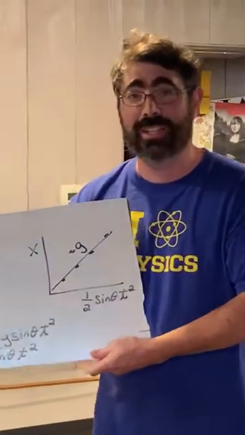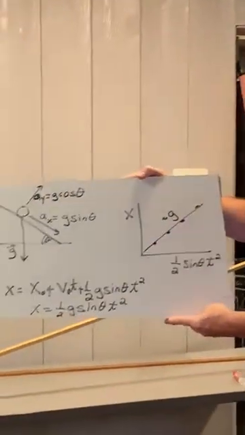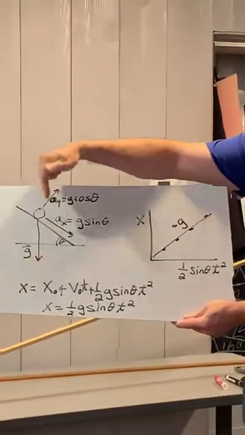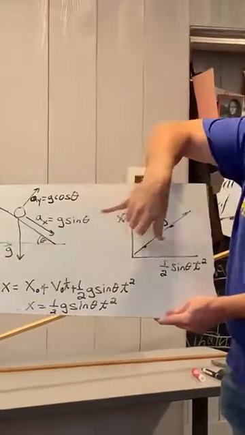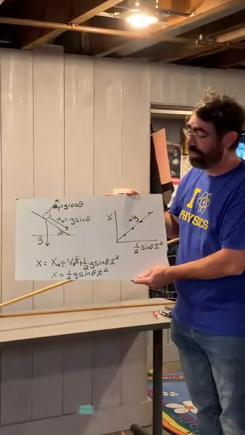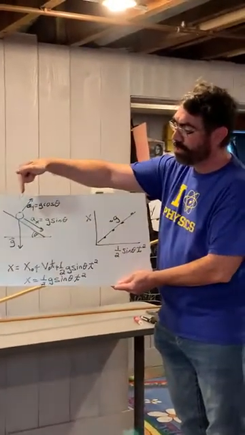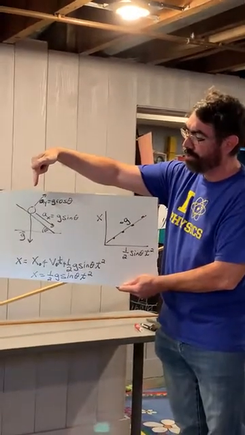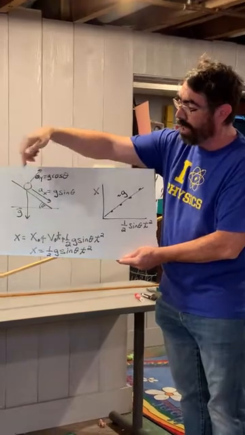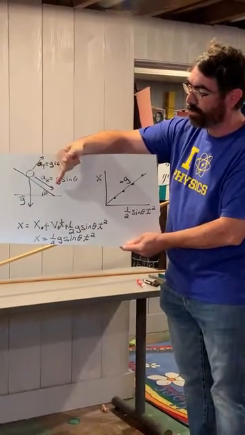Well, if we look at my derivation here, if I put an object on an inclined plane, which is now at an incline of some angle theta with respect to the horizontal, that means the constant acceleration due to gravity is pointing down toward the center of the Earth, but the object is now going to roll down this ramp.